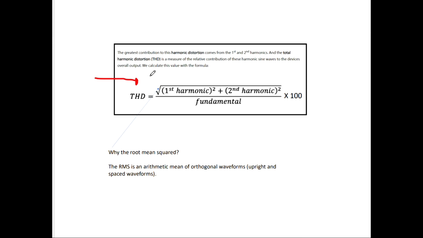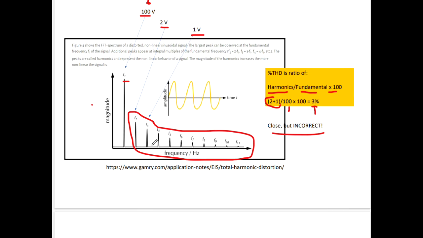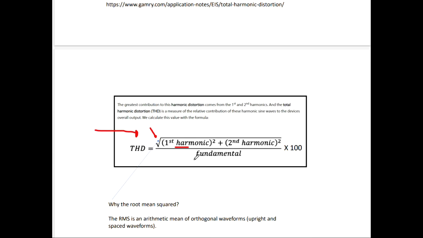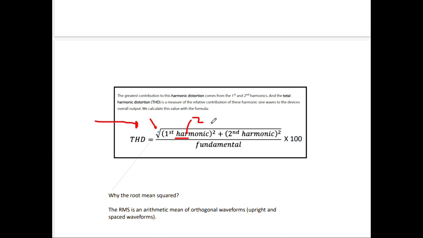Our equation for THD requires that you take the harmonics, like the first one we talked about, which is 2 volts, and the second, which is 1 volt. So this one here was 2, this one here is 1. And the way we add them together is we first square the 2, and we add it to the square of the 1, then we take the square root.